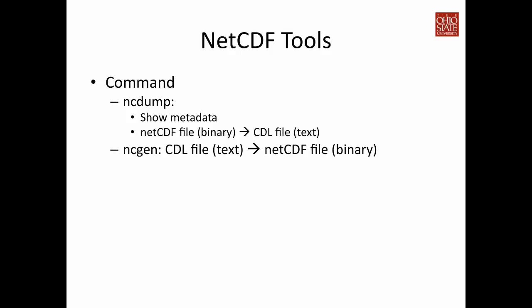So actually, when you run ncdump, you are going to see the text that will give you all the information about the dimensionality, the dimensions, the attributes, etc. Also, if you have a CDL file, which is a text-oriented file, you can run ncgen to create a binary NetCDF file.